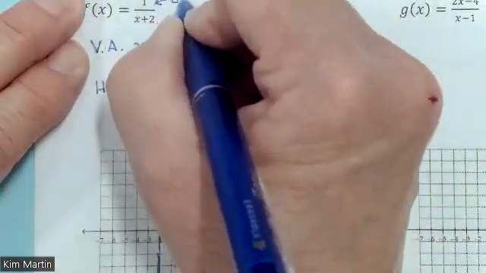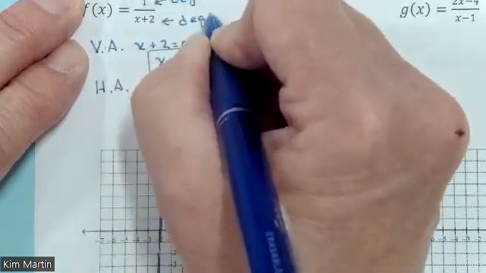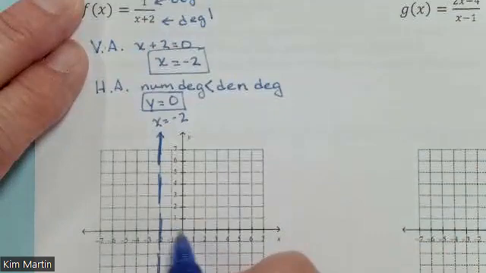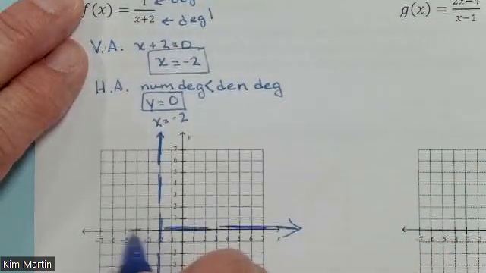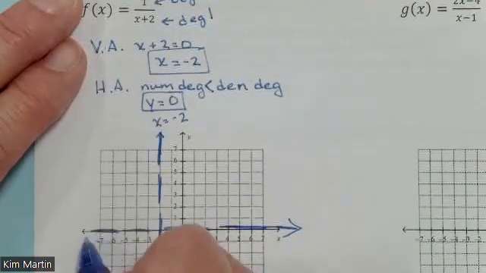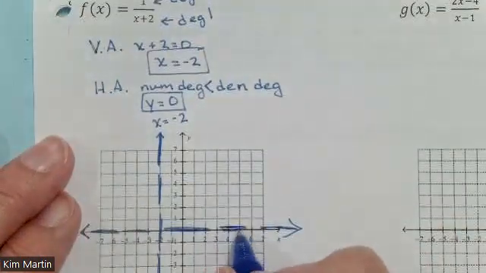Again, degree here is 0, degree here is 1. So we have this right here. Again, make it a dashed line on the x-axis.